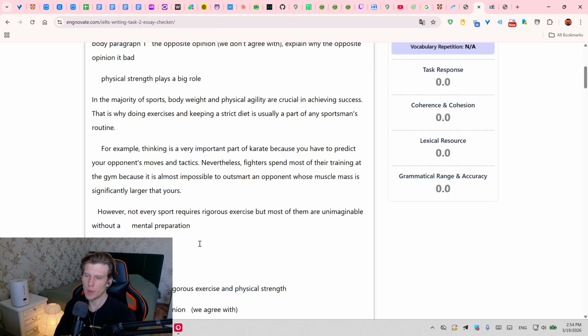Struggling here, but most of them are unimaginable without mental. Mental agility.